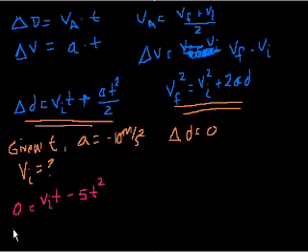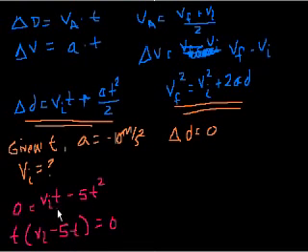So I get t times vi minus 5t is equal to 0, right? All I did is I factored out a t. I didn't have to use a quadratic equation because there wasn't a constant term here. So I have this expression, and I know that there are 2 times where this equation is true, right?